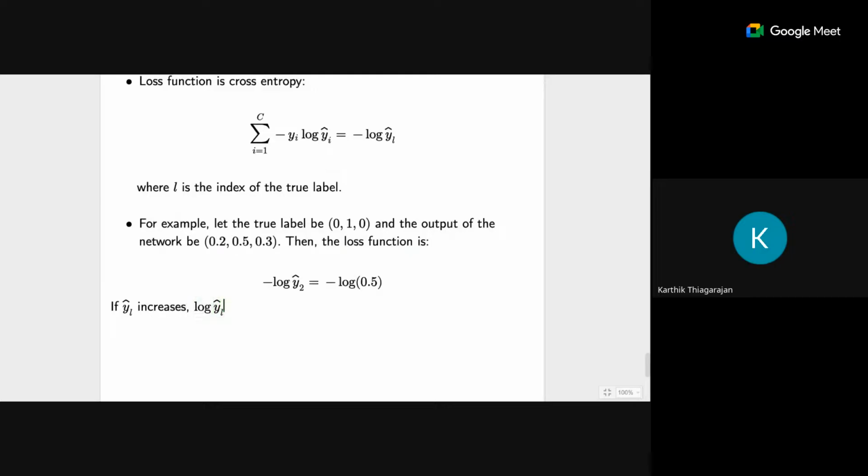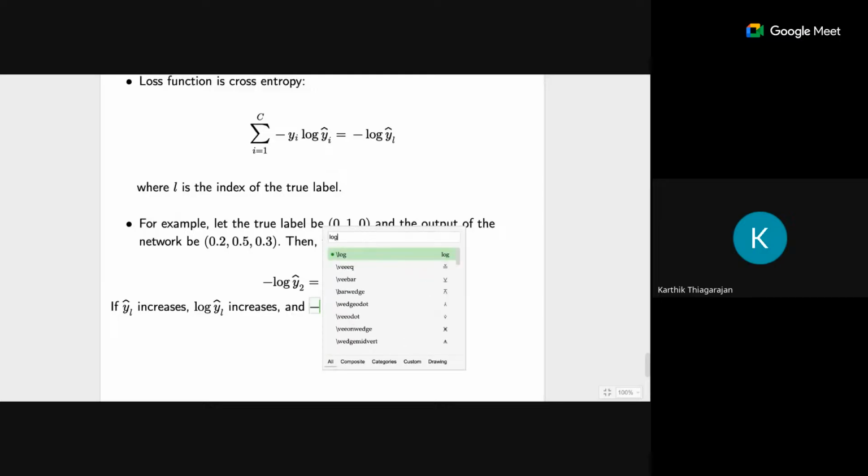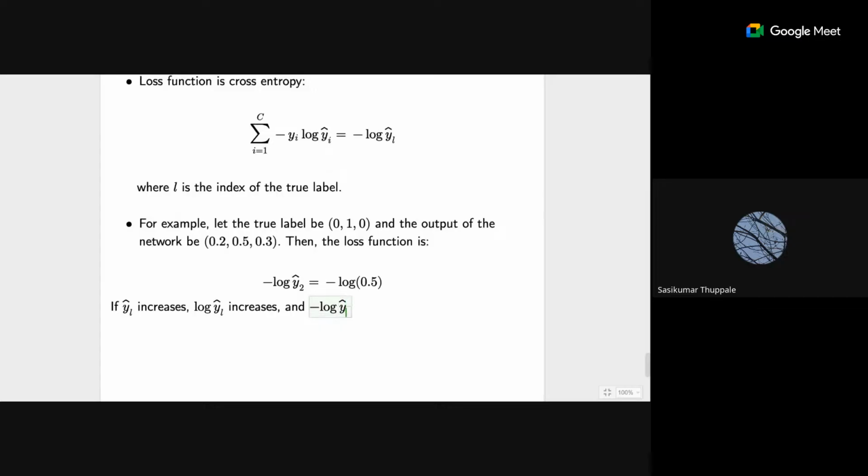Will that increase or decrease? This will increase, right? And the negative of this will decrease, right? We are taking the simple log of the y hat. Correct, simple log.